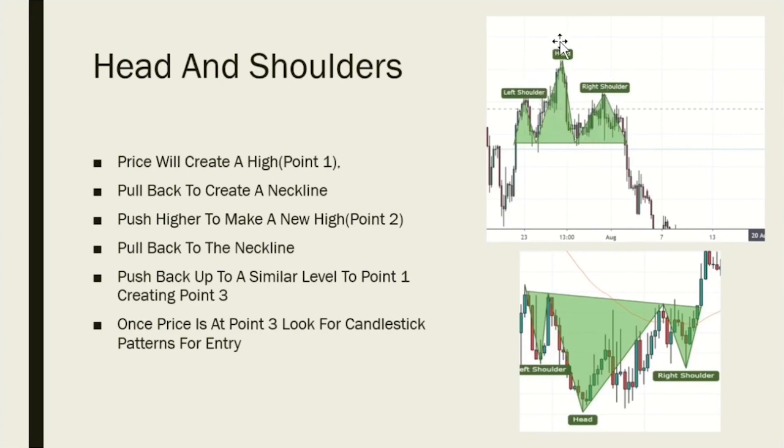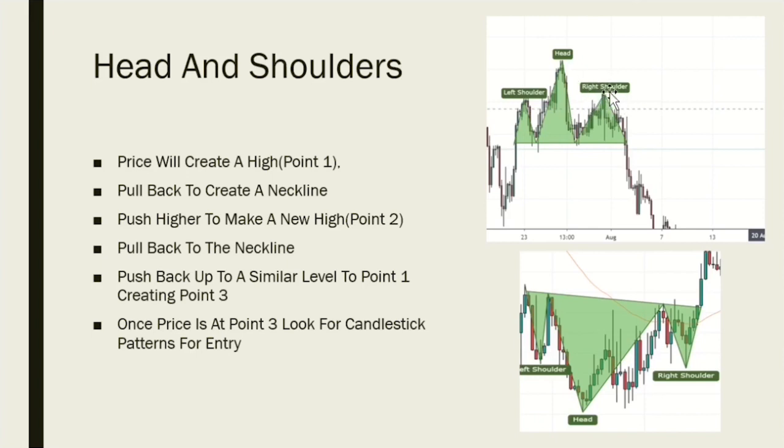So that's point 1, point 2, and point 3. Like I said, price will create a high, point 1, pull back to the neckline here, create an even higher high, point 2, pull back to the neckline, and then pull up to make point 3, which is the right shoulder, at a similar level to the left shoulder.